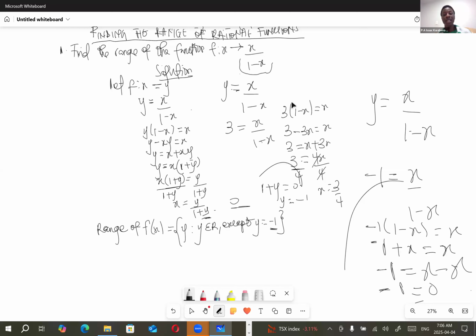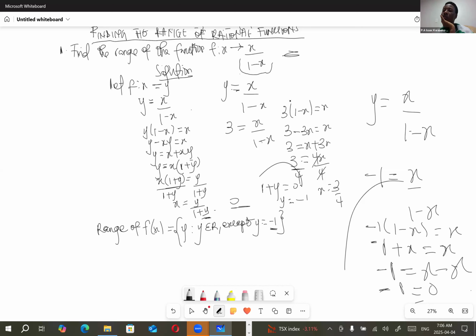So what is the range of this? For this one, any number in the world, if you choose it for y, it will give you a result for x, with an exception of -1. Do you understand that? Because if you put -1 there, it will just cause havoc. But apart from that, any number you put there for y, the expression y is equal to x over 1 minus x will make sense.